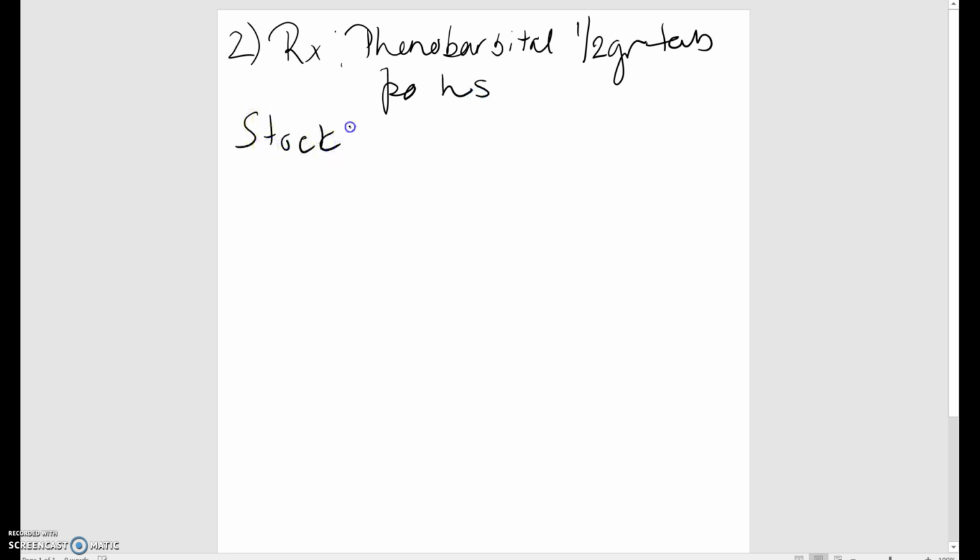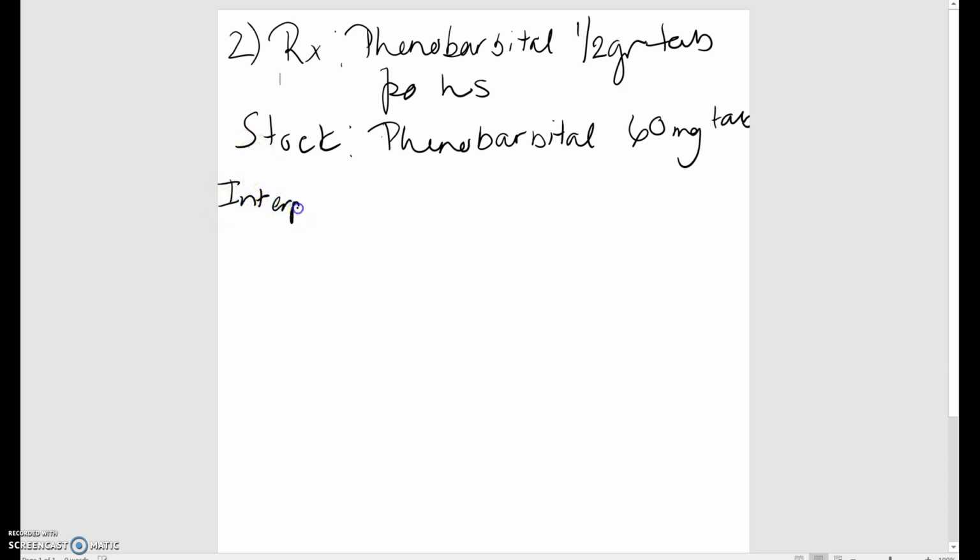The medication in stock is phenobarbital 60 milligram tabs. So the first thing you need to do is interpret the order.